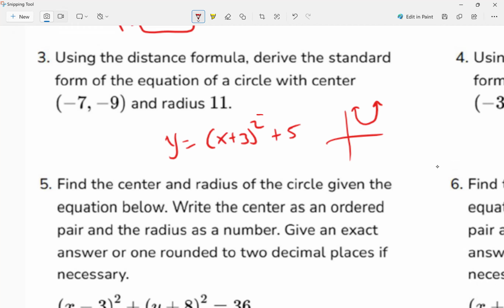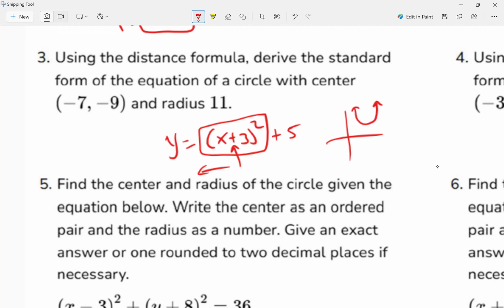Now, the interesting thing is that what gave me the U shape was that my parentheses was to the second power. My exponent is actually what gave me the U shape. My other numbers, like the plus 3 inside, meant you moved to the left.